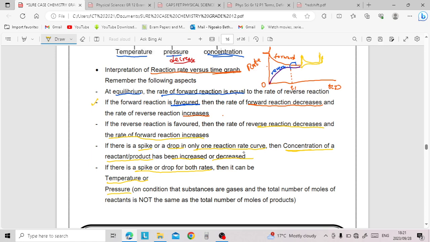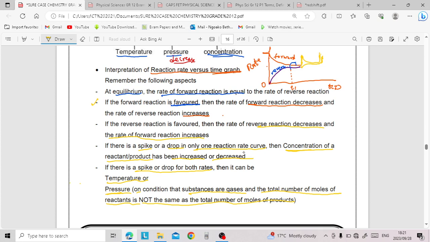Pressure applies on condition that the substances are gases and the total number of moles of reactants and products are not the same. So if you check a reaction and it is not a gas, then it's not pressure but temperature.